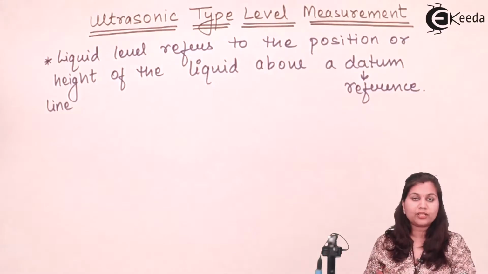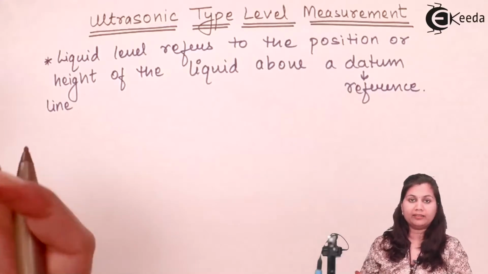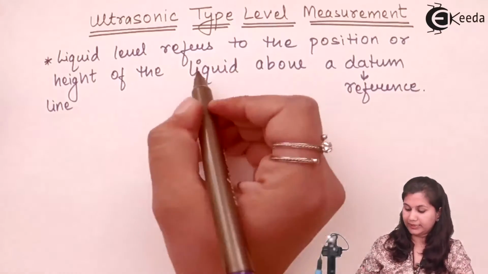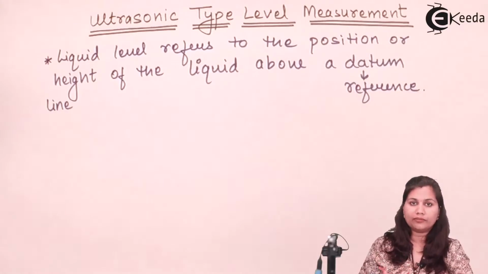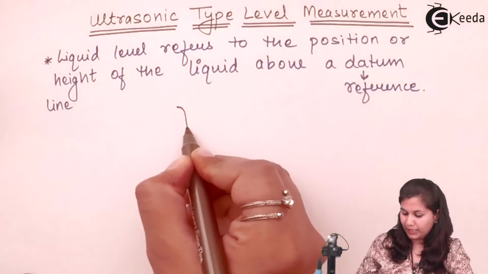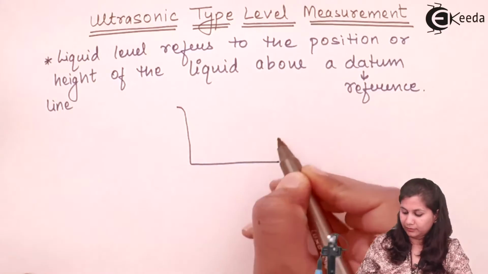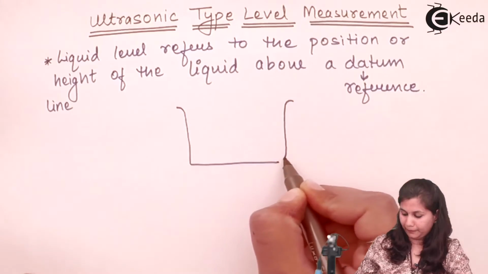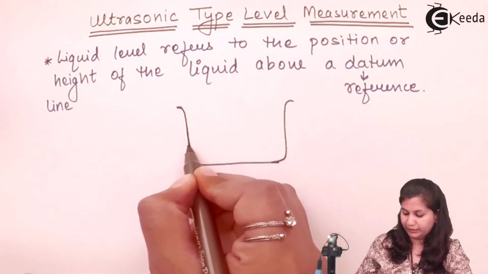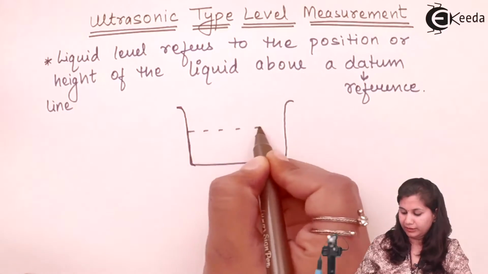So to find out the amount of the liquid, we find the level of the liquid contained in a container or a vessel. Suppose that this is the vessel or the container in which we are having the liquid.